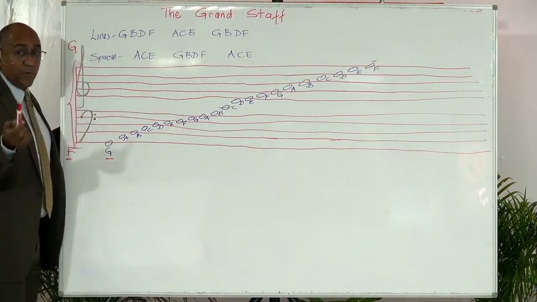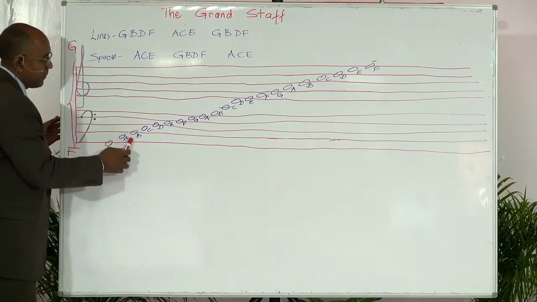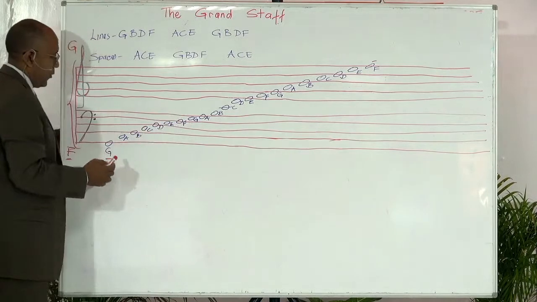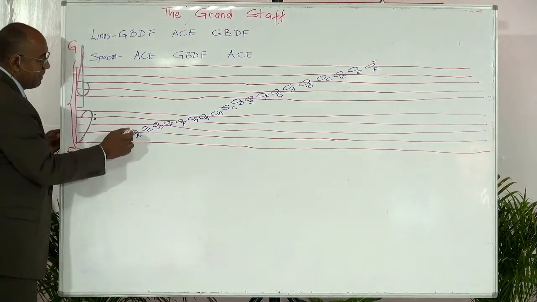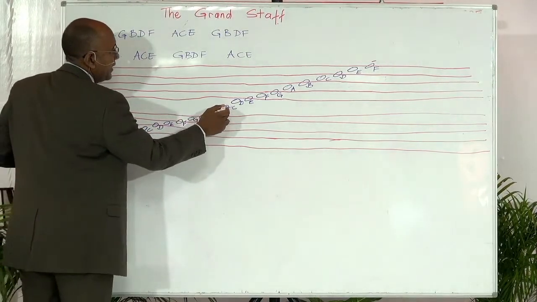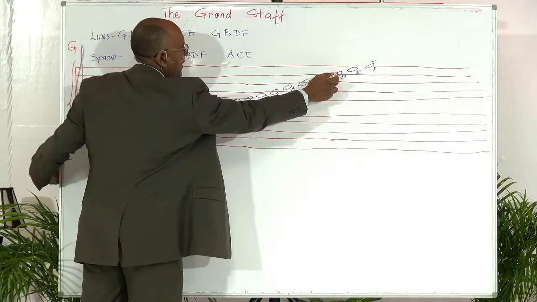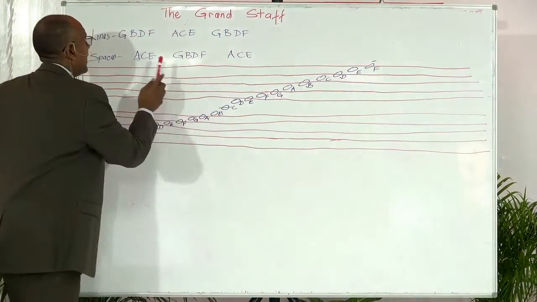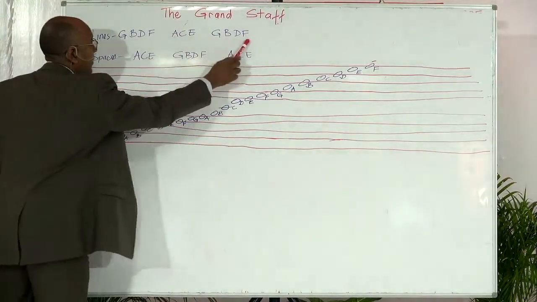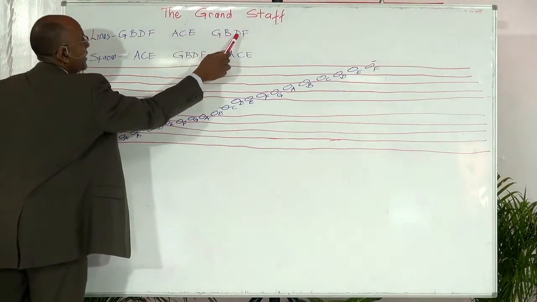And we're reviewing now, if we remove just the lines and put them together, we would get G, B, D, F, A, C, E, G, B, D, F. And I have written it out here.